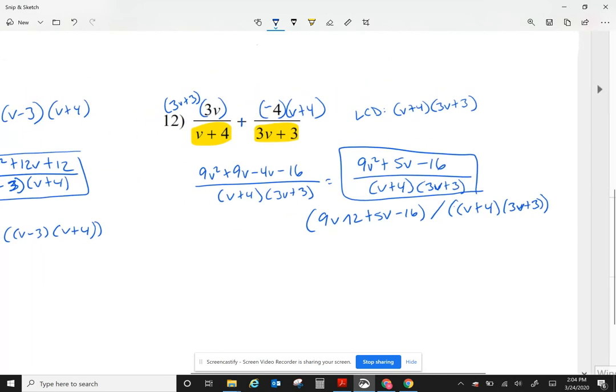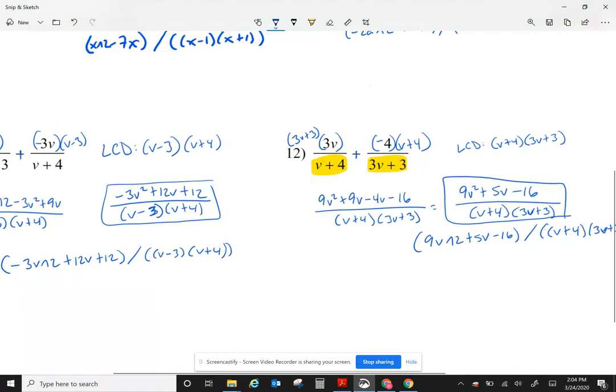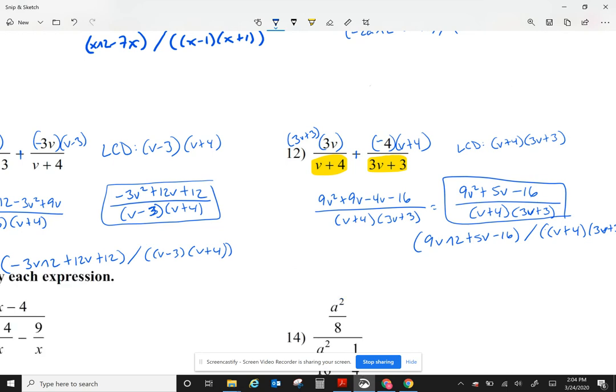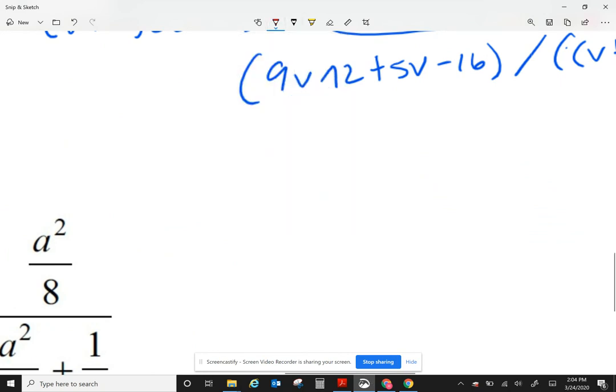Now, one thing I do want to mention is there will be some fractions in your homework you will be able to simplify. What I mean with that is, let's say I had a fraction such that I have like 6v. Let me change this to a different color. Once again, this is just an example. I'm just making this one up.